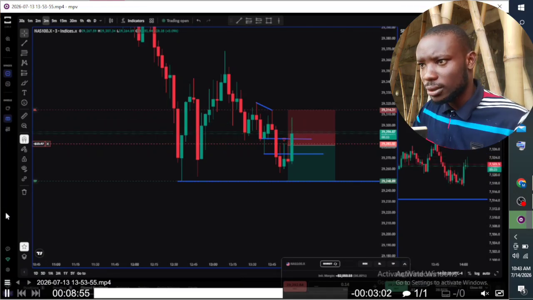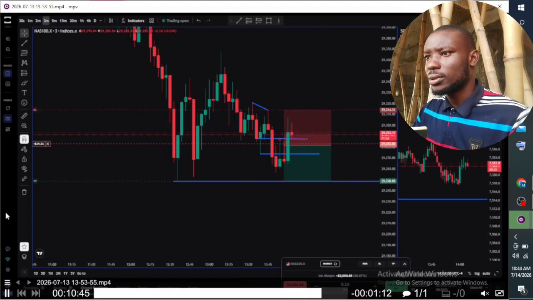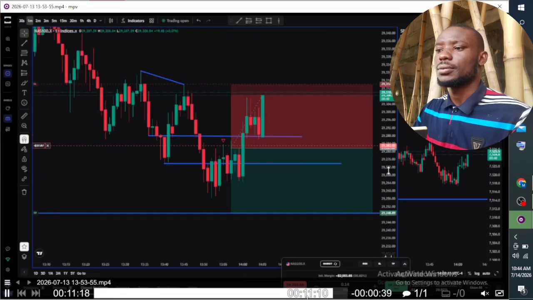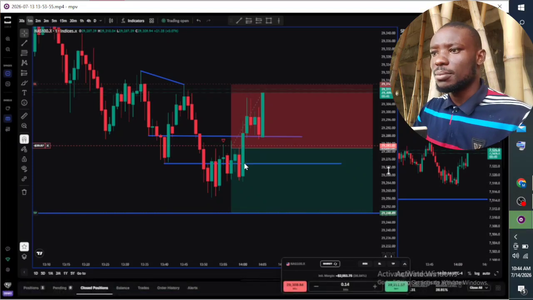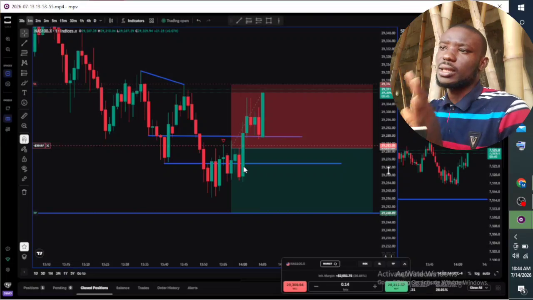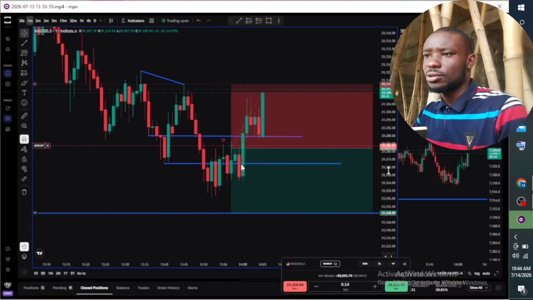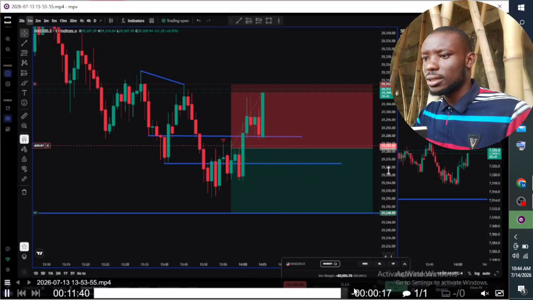I think this was when the 1 p.m. candle opened, and it was very aggressive. So this was 1 minute. You can see, this was the 1 p.m. candle. Ideally I was supposed to wait for this 1 p.m. candle to open and see the reaction I'm going to get from it before I get into the trade. That was my bad. Like I said, this was a B setup, and it ended up being a loss. I wanted to cut my risk here, but I knew it was already a done deal, so I just let it play out.